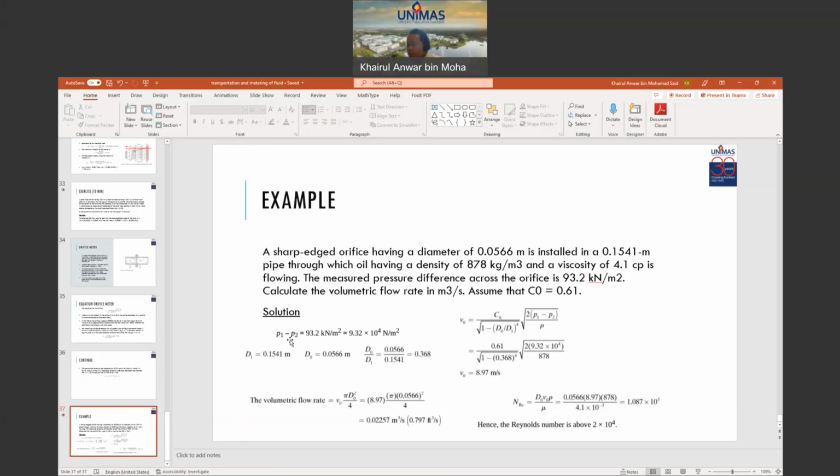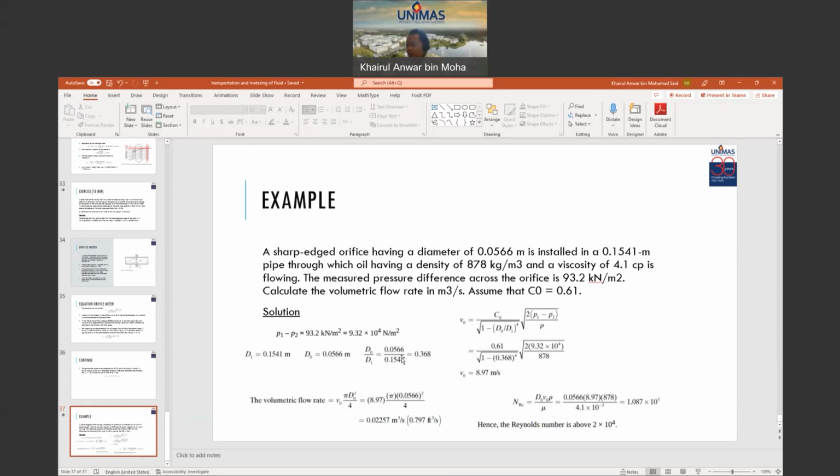The solution: P1 minus P2, delta P, is 93.2 kilonewton per meter square. D1 equal to 0.1541, D naught is 0.0566, the orifice.